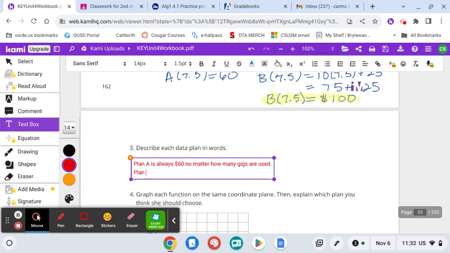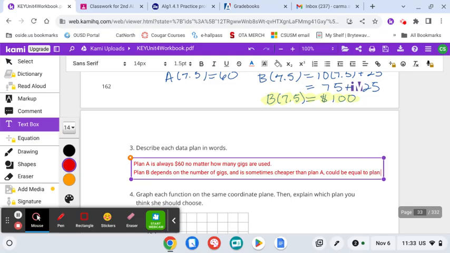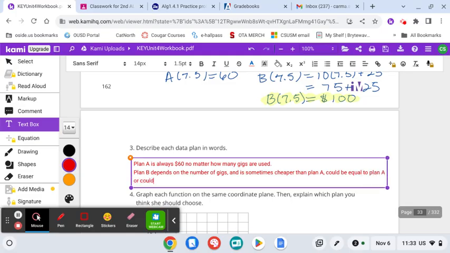Plan B depends on the number of gigabytes and is sometimes cheaper than Plan A, could be equal to Plan A, or could be more expensive.